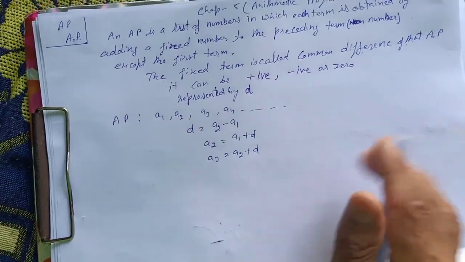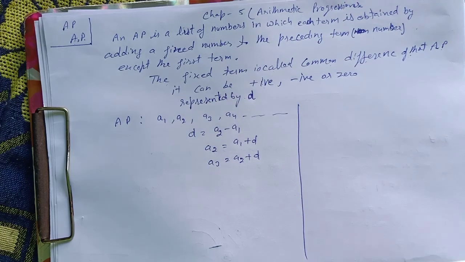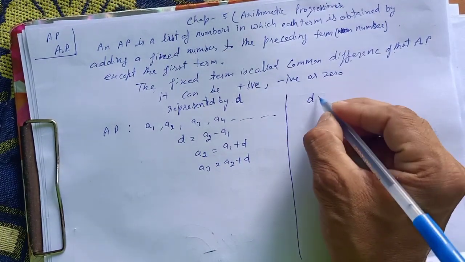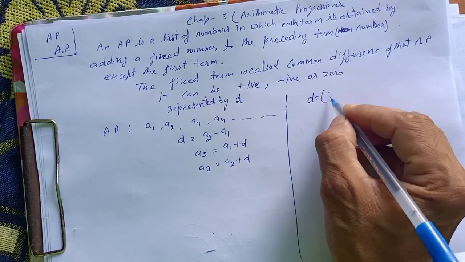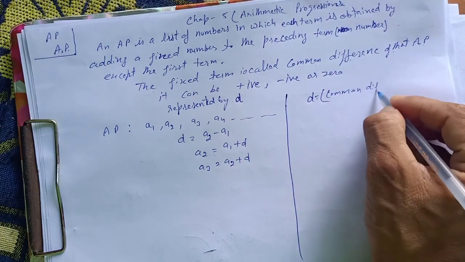In this we have only three formulas. First is D, that is called the common difference.